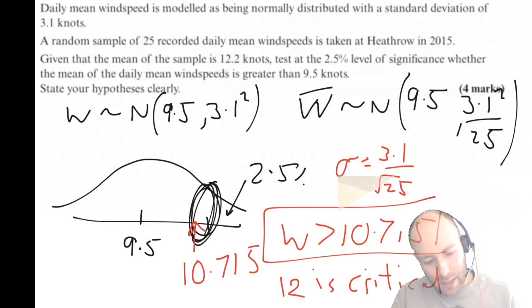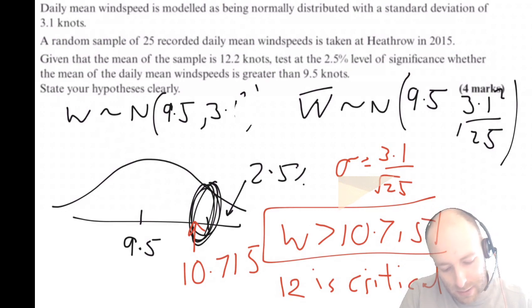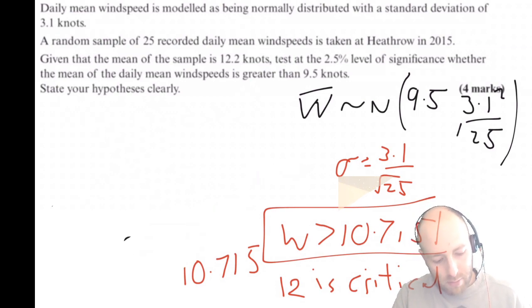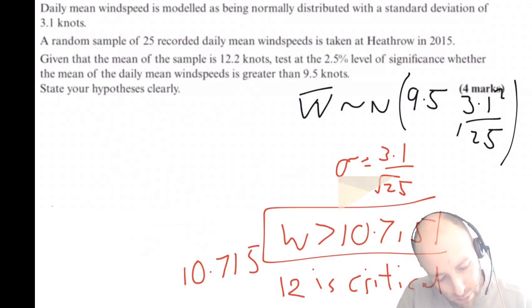So hypotheses, well done, Jack. So yeah, we need to state some hypotheses. So could you guys try and write what the hypotheses should be? Can you guys put what you think we should write for these? So H0 and H1.